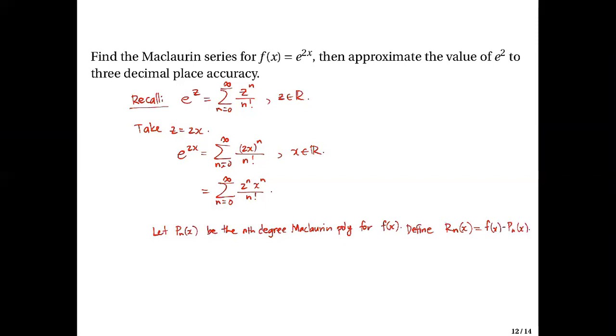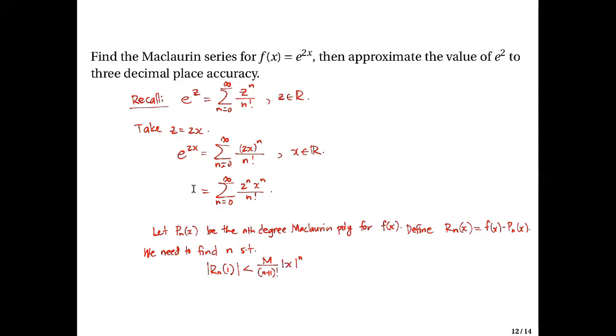Then according to the theorem, we need to find n such that the absolute value of r sub n of 1 is less than capital M over n plus 1 factorial times the absolute value of x raised to n plus 1.